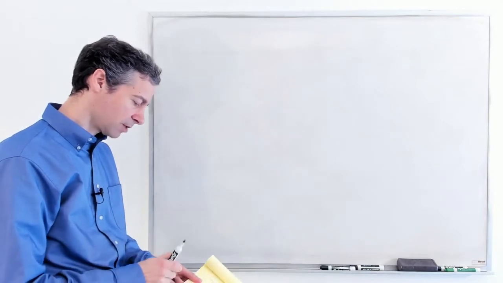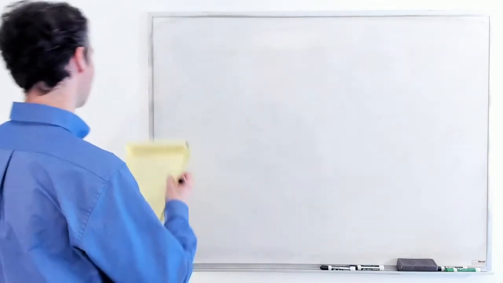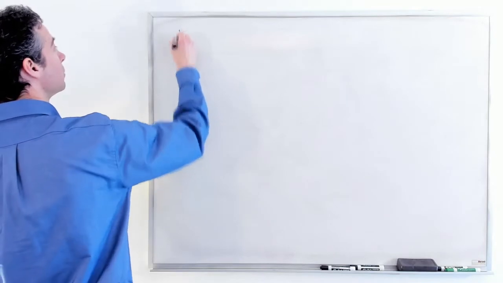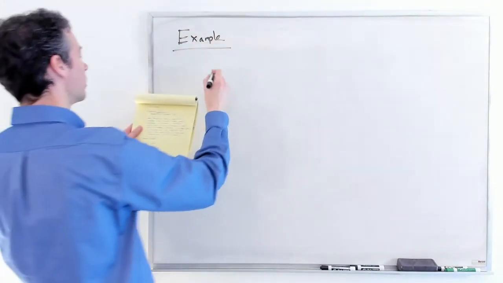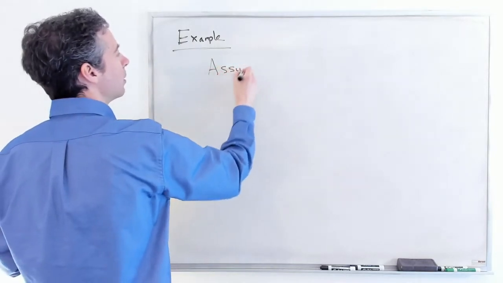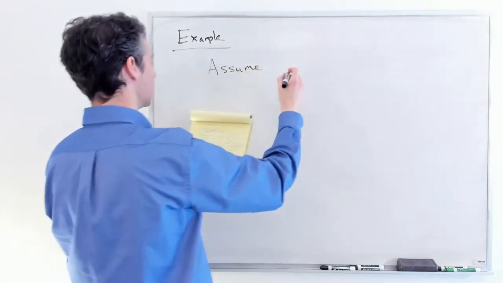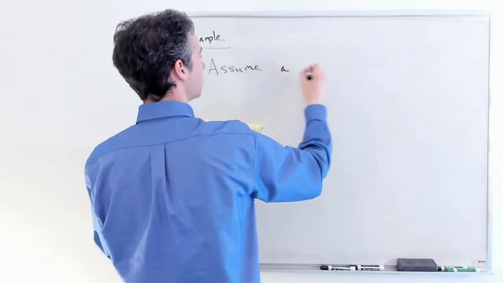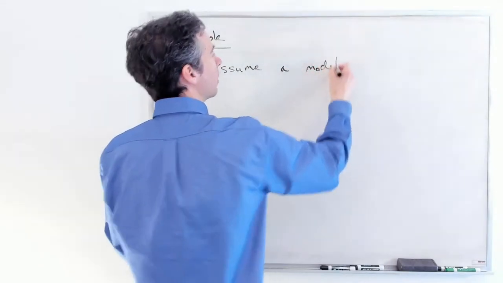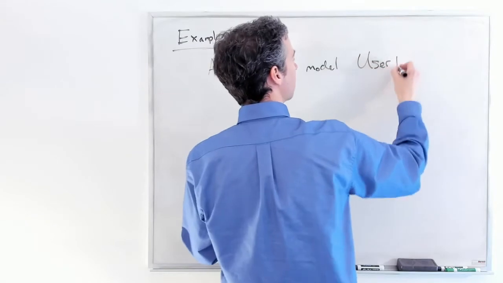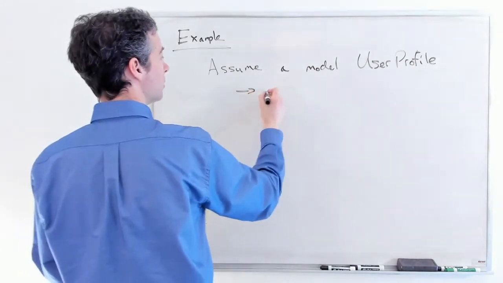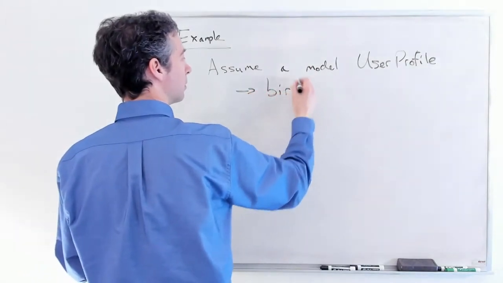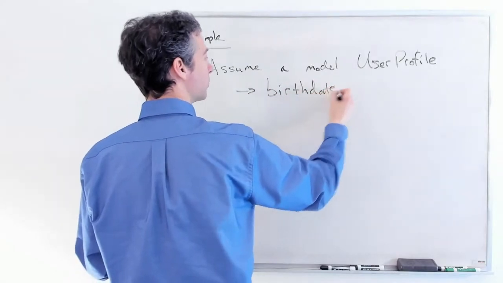All right, and so this is the example that's based upon that by Armando Fox. So our example is basically, we're going to assume we have a model, user profile, okay? Now, this user profile has in it a birth date.